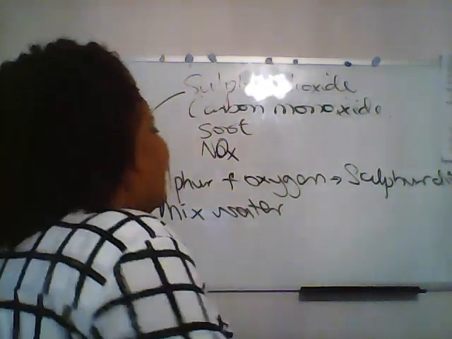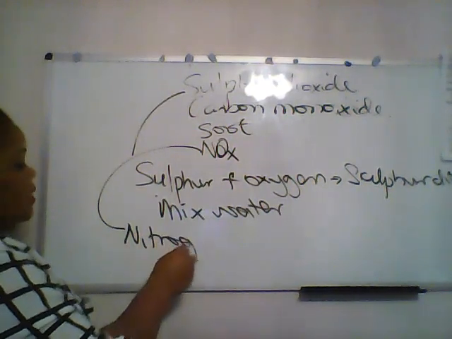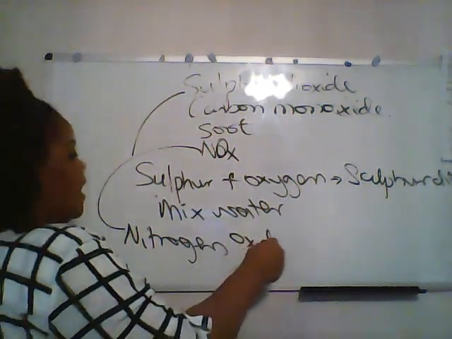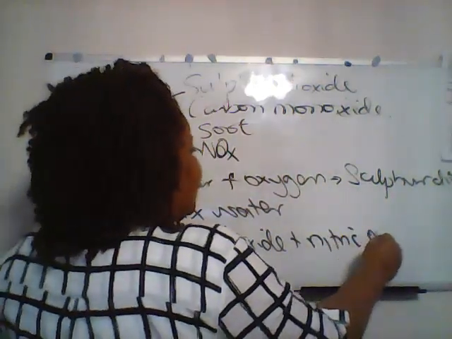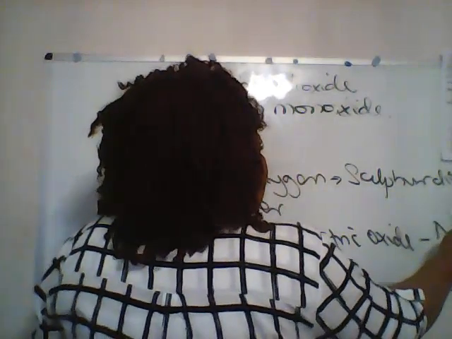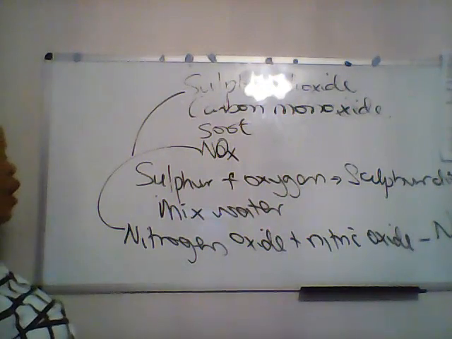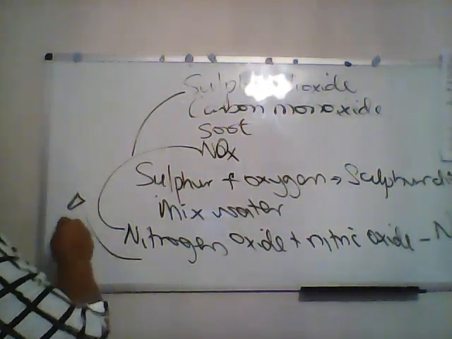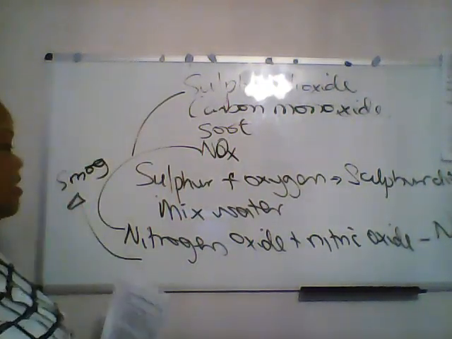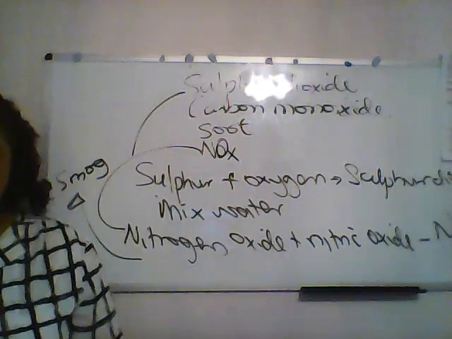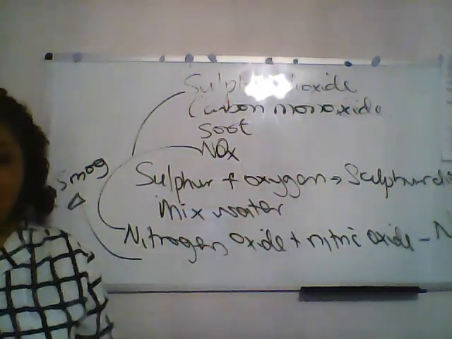All right. While we are here, I'm just going to explain NOx. Now, nitrogen oxide can react with nitric oxide to form a substance called NOx. NOx can then form smog. Smog is a mixture of nitrogen oxide and nitric oxide, and that smog is a part of the problem that causes acid rain.